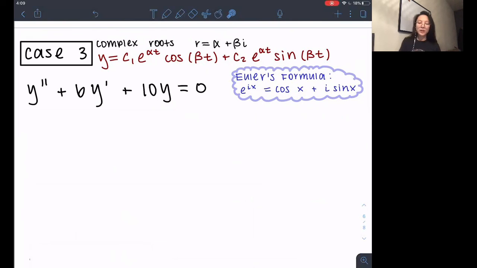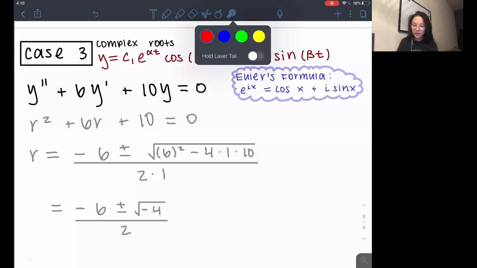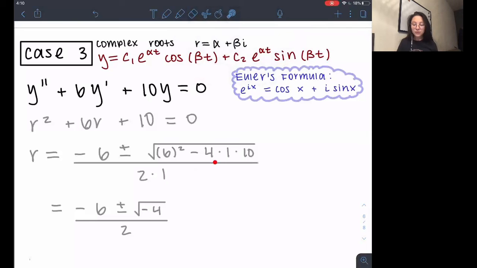All right, so first things first, we're going to have to do our characteristic equation. And there's no way we can factor this. Whatever you try, it doesn't work. We're going to have to use the quadratic formula. So there it is in all its glory. So then we have r equals -6 plus or minus the square root of 6 squared minus 4 times 1 times 10 all over 2 times a, which is just 1.